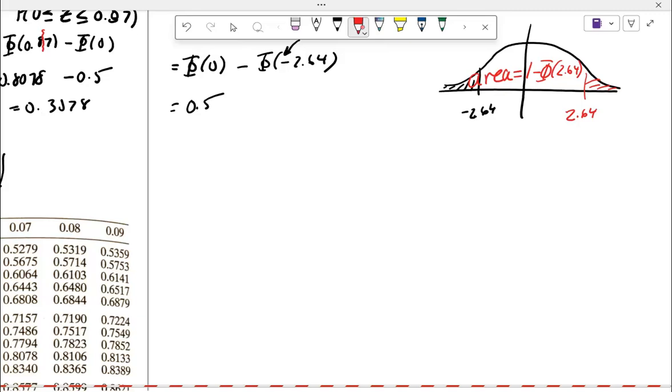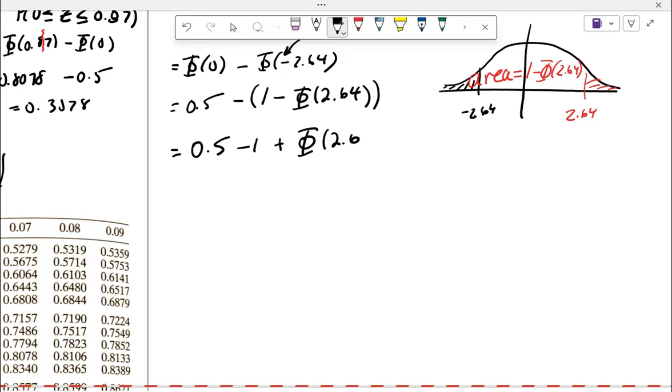Okay, so going back to this, we can rewrite this as 1 minus phi of 2.64. Okay. And now I can figure out the different pieces in the table.